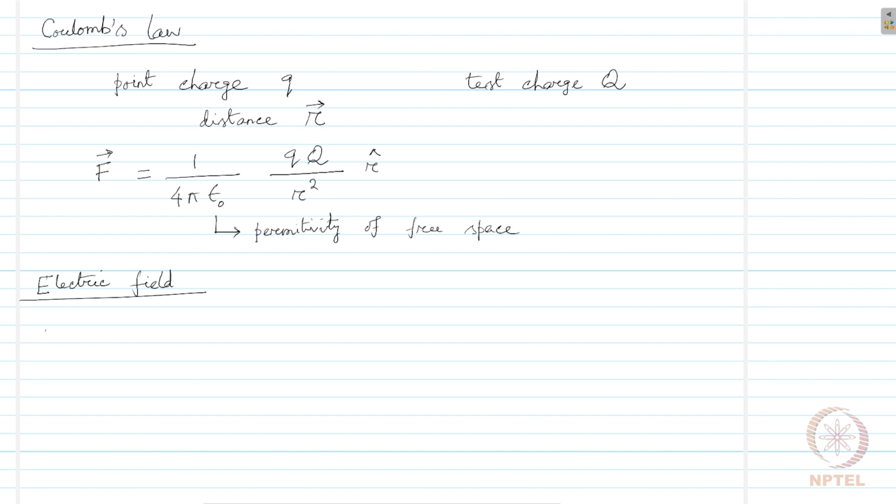We have seen that the total force can be expressed as the superposition of F1 plus F2 plus so on, which is nothing but 1 over 4 pi epsilon naught, Q1 capital Q over R1 squared plus Q2 capital Q over R2 squared plus so on.